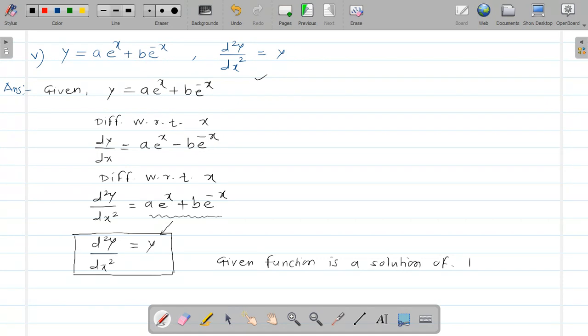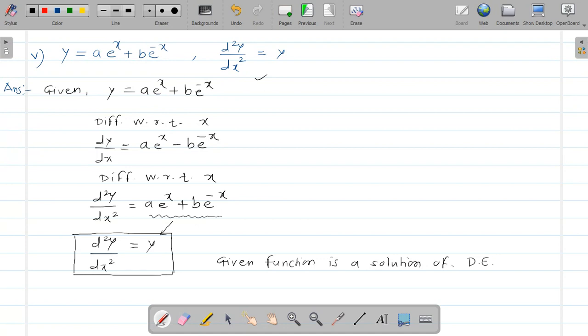So there are two ways to check whether the given function is a solution of the differential equation. One is, after getting the derivative, either first order or second order, you adjust the term or replace the term, like in place of a into e raised to x plus b into e raised to minus x we put y, and we get the required differential equation.